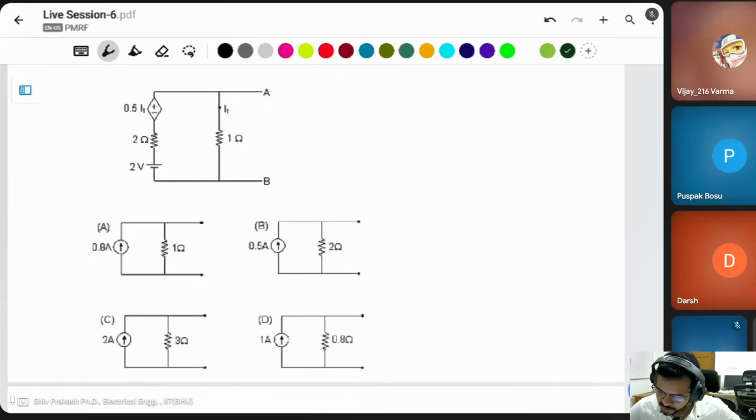These two are connected in series, these two are connected in series, and after that, these two are connected in parallel.